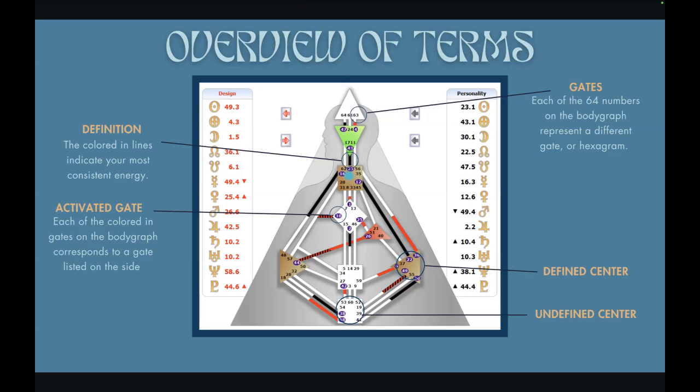When both of these are defined, that's what creates this defined channel. This is that consistent, reliable energy. This is also what defines both of these centers. So when we have these harmonic gates defined, it lights up the channel and it lights up both centers. The gates are also found over here on the side.